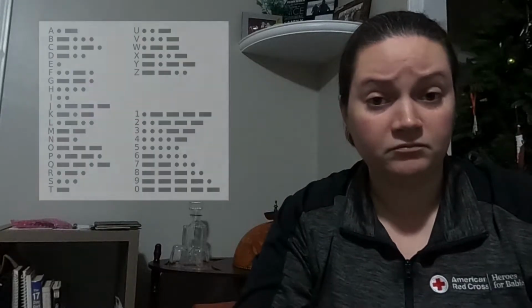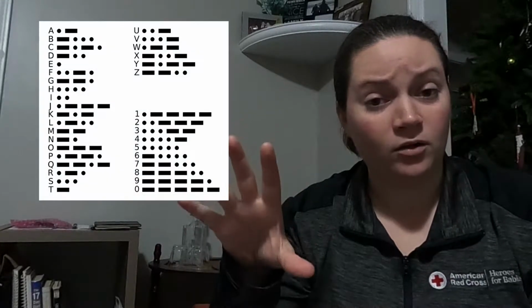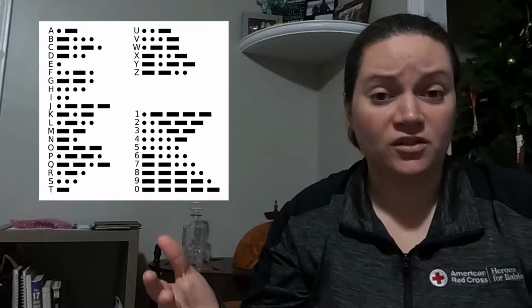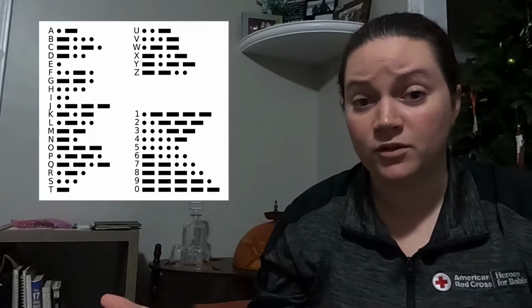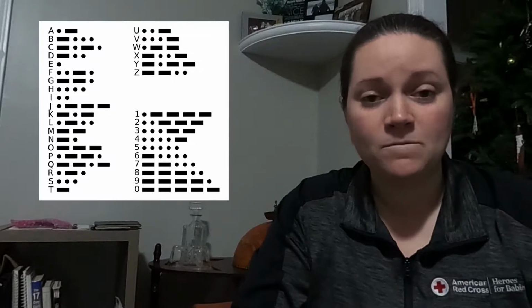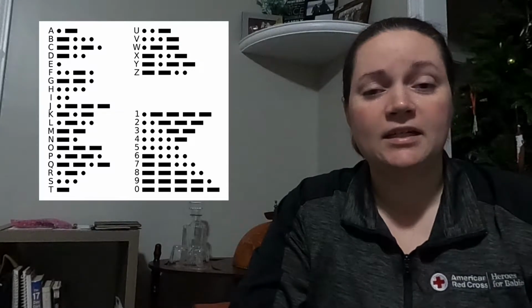One good example is the SOS signal. A lot of the times in movies or wherever you might have seen it, somebody is trying to signal SOS with a flashlight. They'll click the flashlight on and off in a series of short and long blasts to represent the letters SOS, which obviously means they're asking for help.